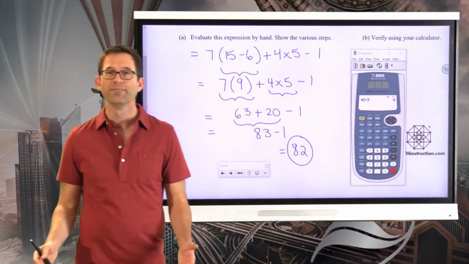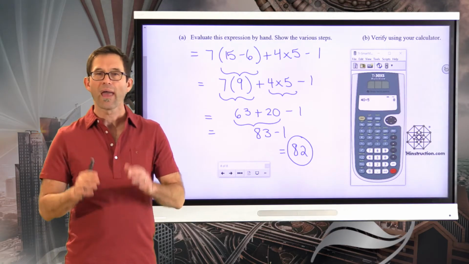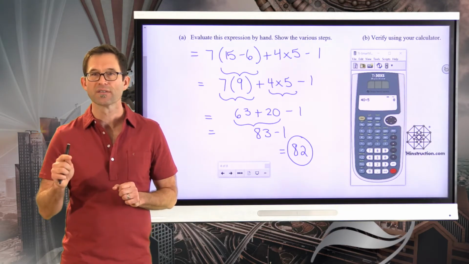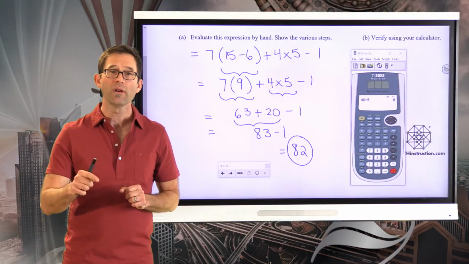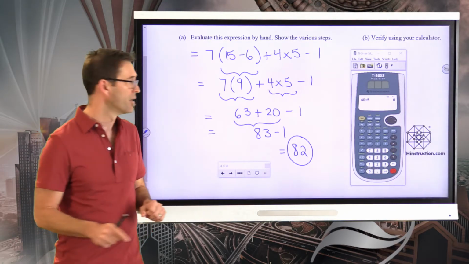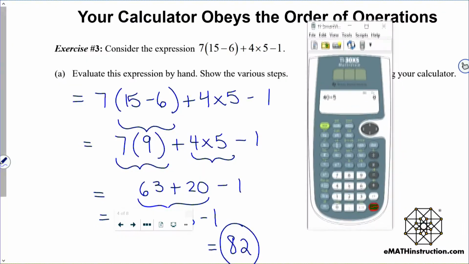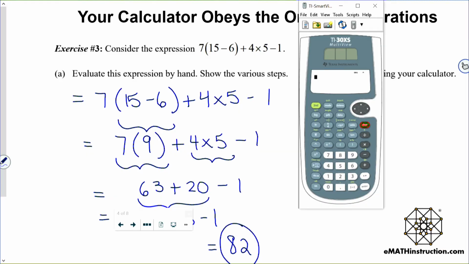All right, great. But watch how easily and quickly the calculator does the same thing. I am literally going to put this calculation into the calculator exactly the way it's originally written. So let's do that to verify our answer. All right, here we go. We're going to clear that out. I'm going to do 7 parentheses. I'm not going to even have the multiplication sign there.